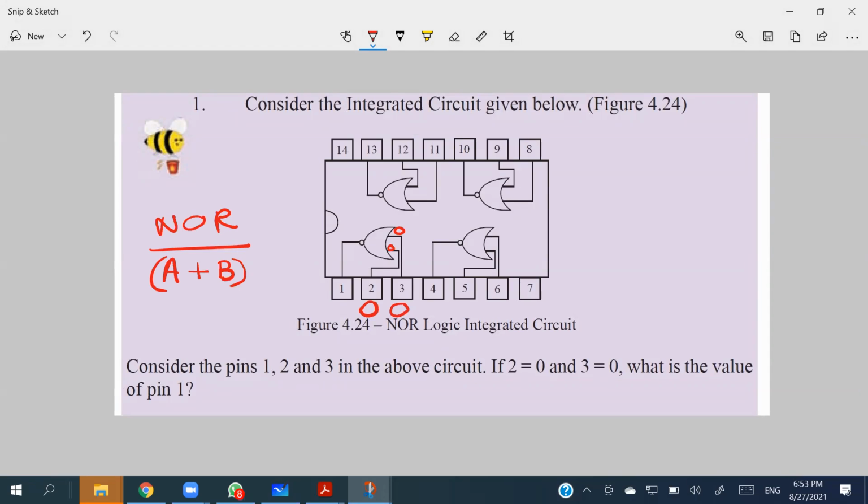That means the 0 and 0 received at the input are going to give you a 0 when added together. Then once it is inverted, it's going to give you a 1 at the output. So at pin 1, you are going to receive a 1.